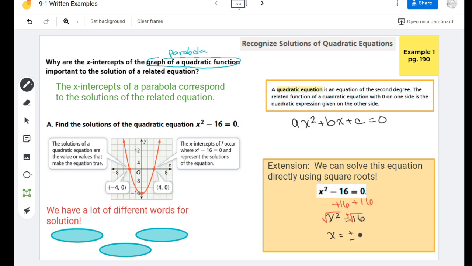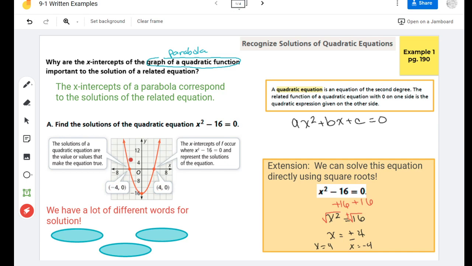So the square root of 16 is 4. This means that there are two solutions: x equals 4 and x equals -4. And you can actually see that here on the graph. Here's our -4, here's our +4, and that's where this parabola is crossing the x-axis.